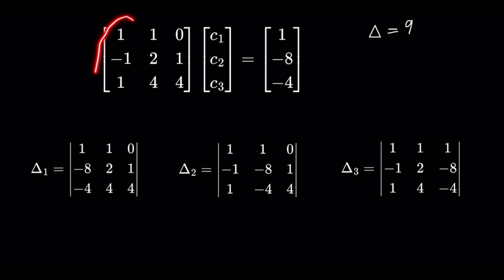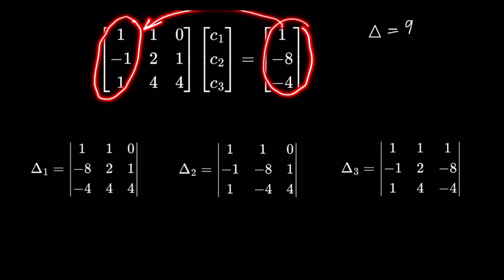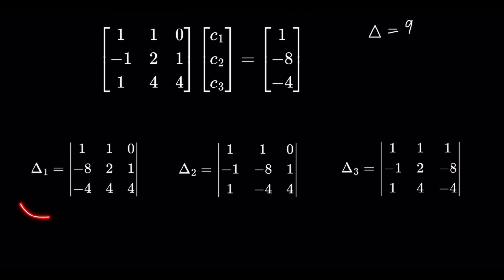So, first column of this is going to be replaced with this, like this. Hence, we are going to get this result. Now, at the same time, we'll be keeping the second column and the third column the same. Here, you can see that the second and the third columns are written as it is here.